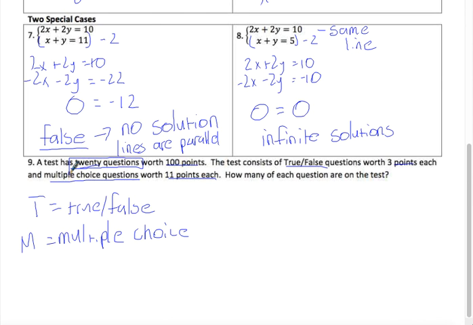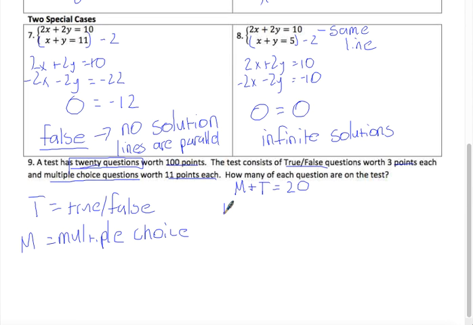So that means the number of multiple choice questions plus the number of true-false questions has to equal 20. And the other thing we know is the point values for each question. So true-false questions are worth 3, multiple choice questions are worth 11, and they have to total to 100 points.